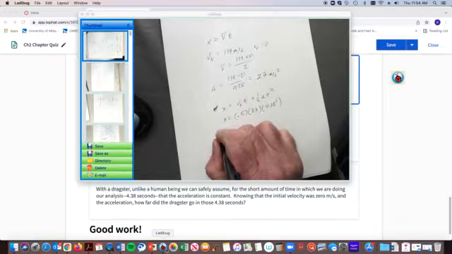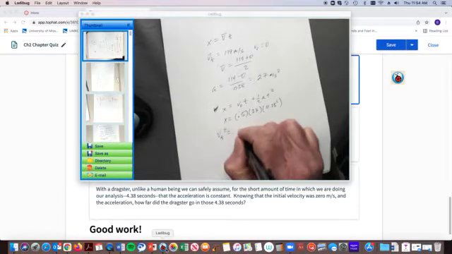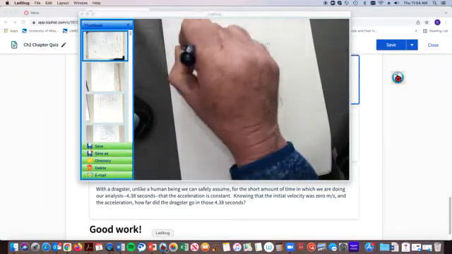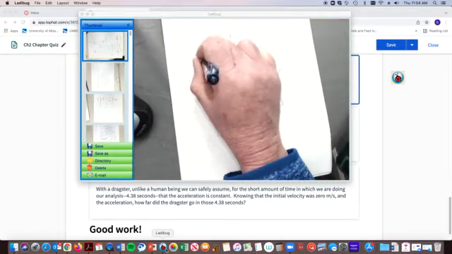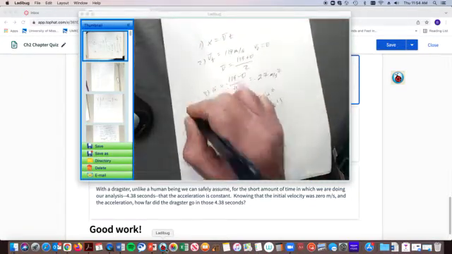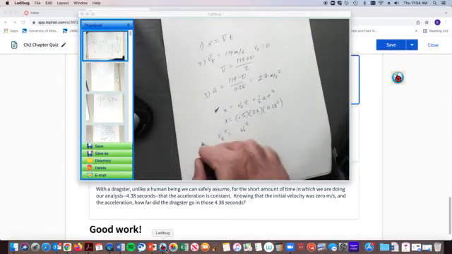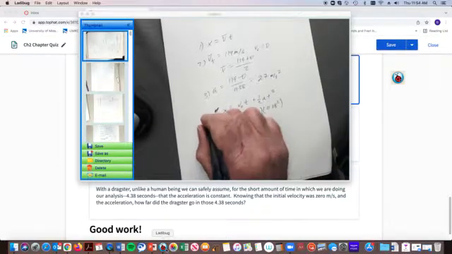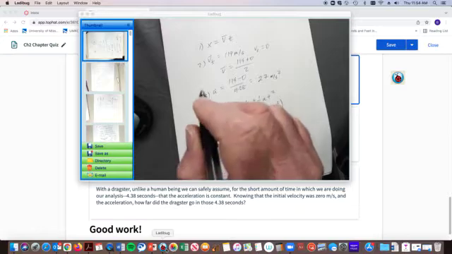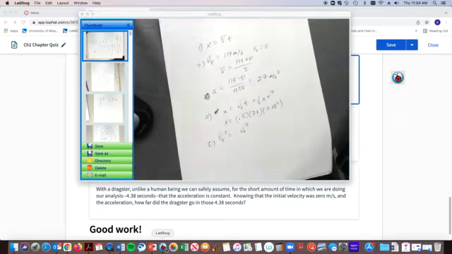You can do v final squared is equal to, because this is the last kinematic equation. Here's 1, here's 2, here's 3. Well, this is kind of tied in there, and here's 4, and here's 5. This 3 is really kind of 2a or whatever. All right.